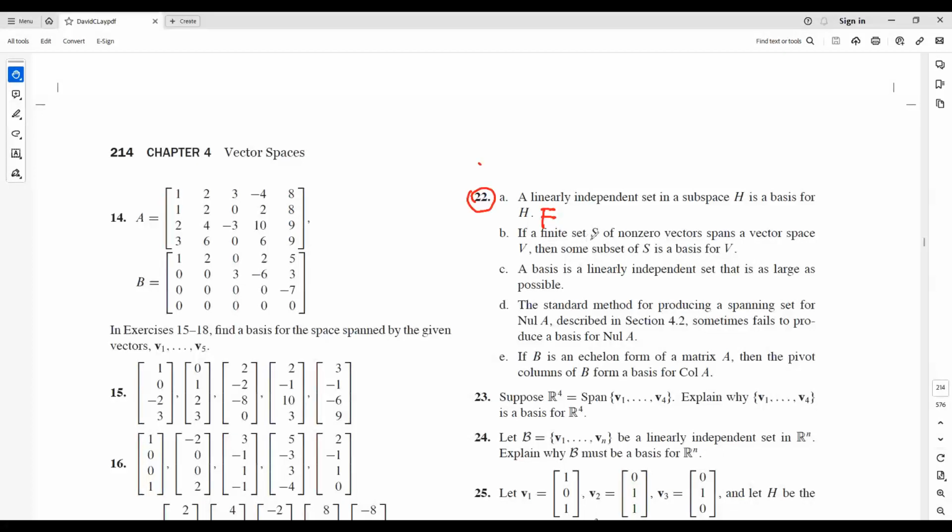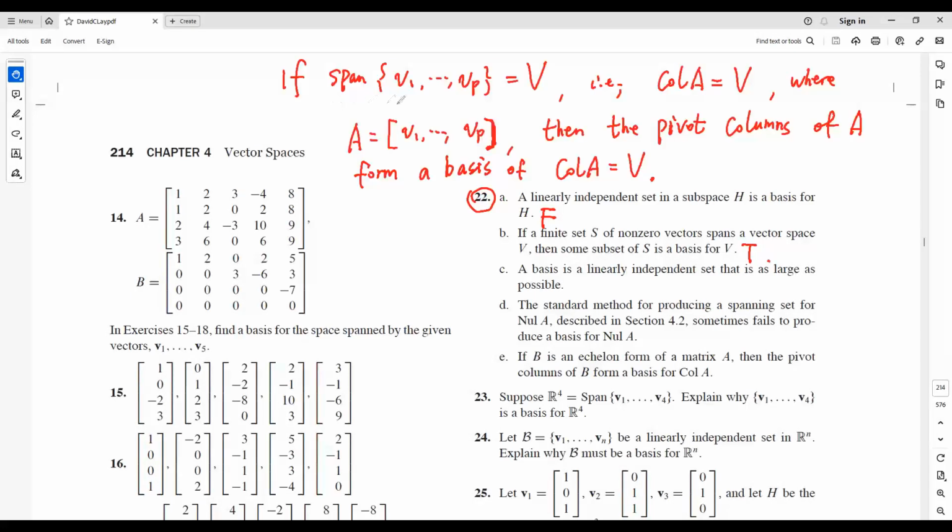B. If a finite set S of non-zero vectors spans a vector space V, then some subset of S is a basis for V. True. If v1, ..., vp spans the vector space V, this says the column space of A equals V, where A is formed by these vectors.